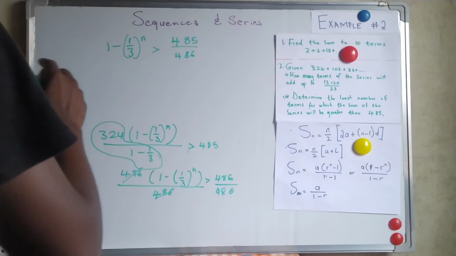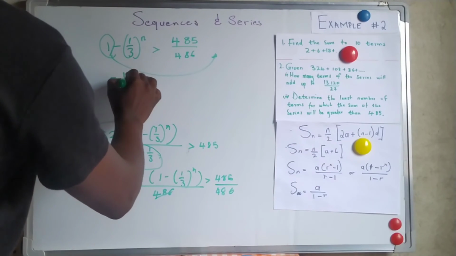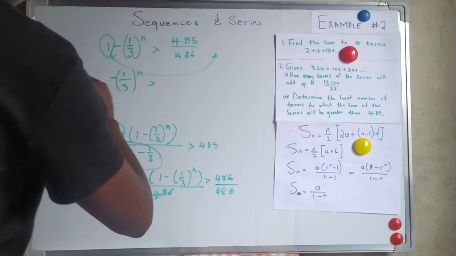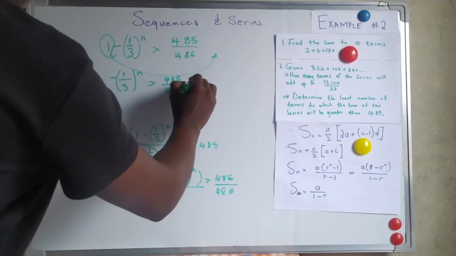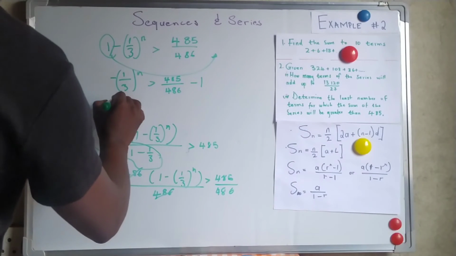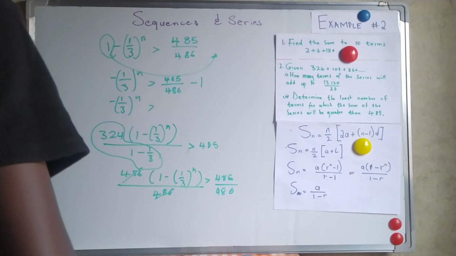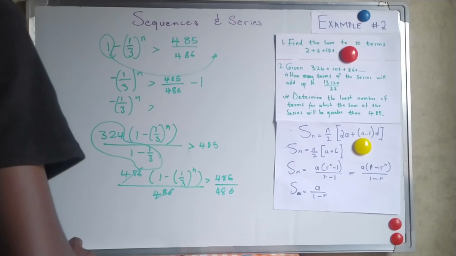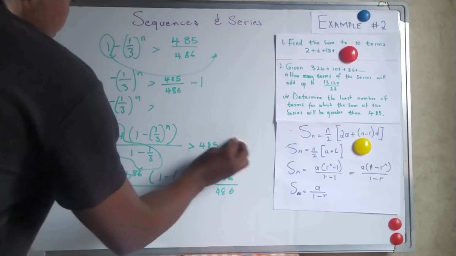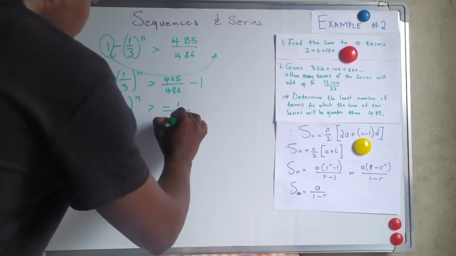Okay, so here I'm going to transpose this 1 to this side. So I'll be left with minus 1 over 3 to the exponent n greater than 485 over 486 minus 1. Then we have minus 1 over 3 to the exponent n is greater than, which you do with your calculator, and you're going to get minus 1 over 486.